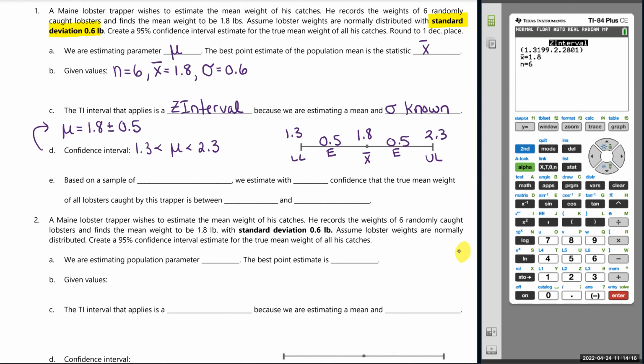Our sentence: based on a sample of 6 lobsters, we estimate with 95% confidence that the true mean weight of his lobsters is somewhere between 1.3 and 2.3 pounds. Let's compare that to the next example.